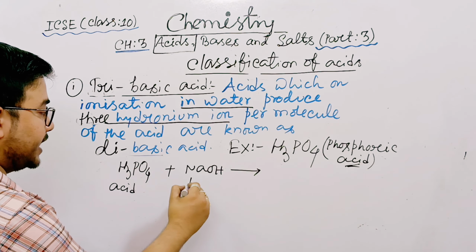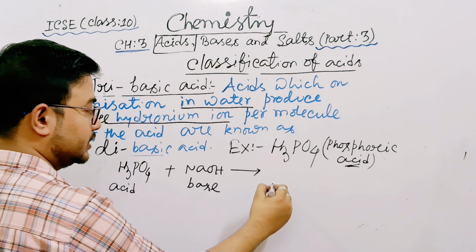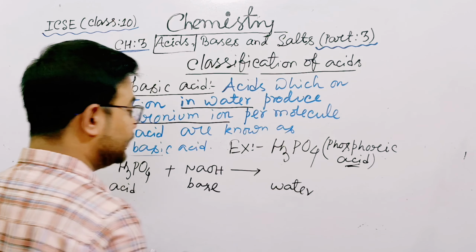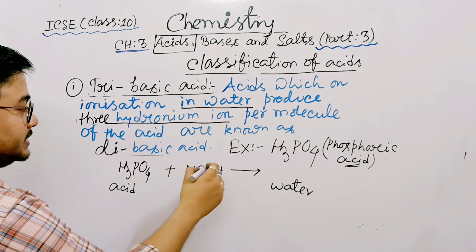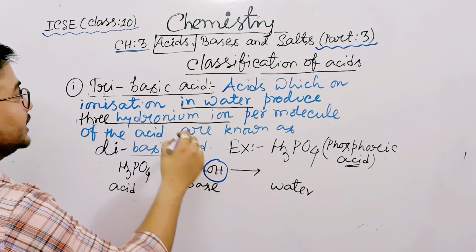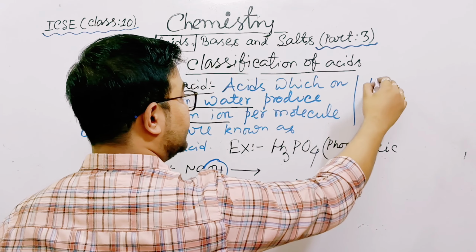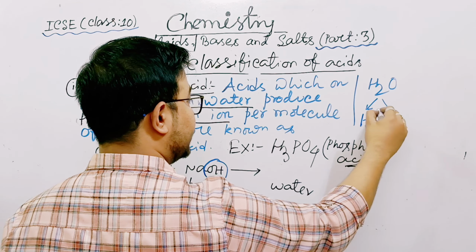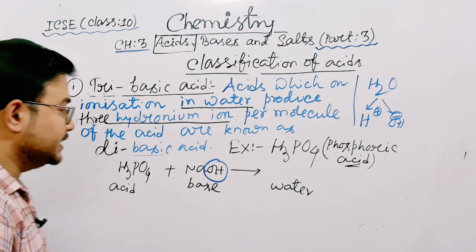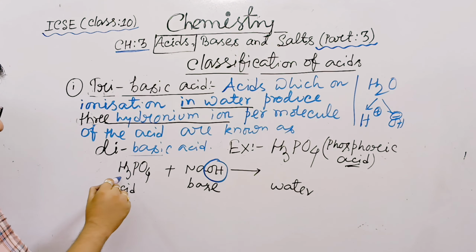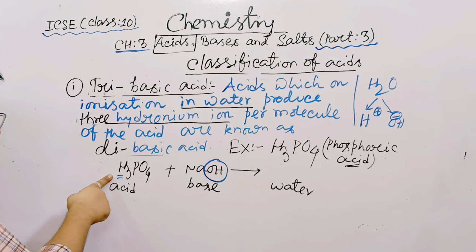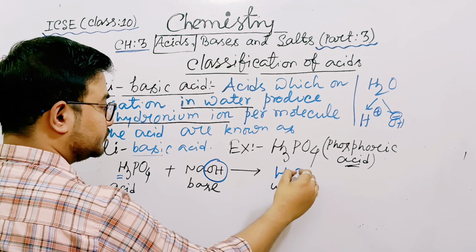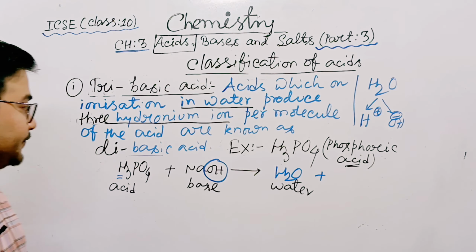When any acid reacts with a base, it will form water. So in the first step, try to find the water. See, water means H and OH, actually H plus and OH minus. We already have OH, so take only one H here. So water we have. Now which one is left?